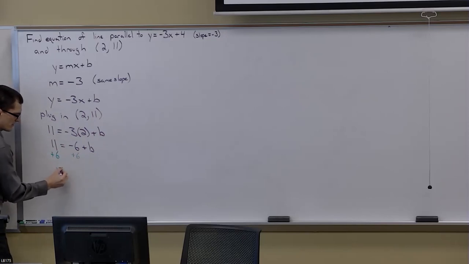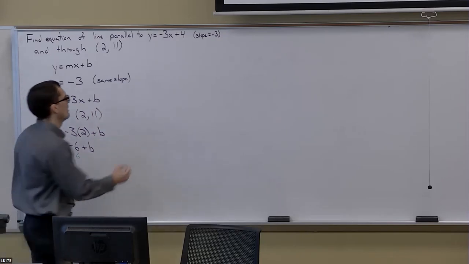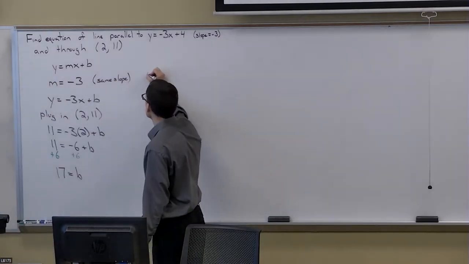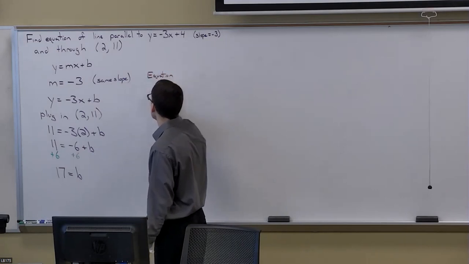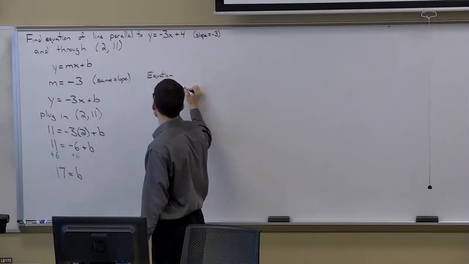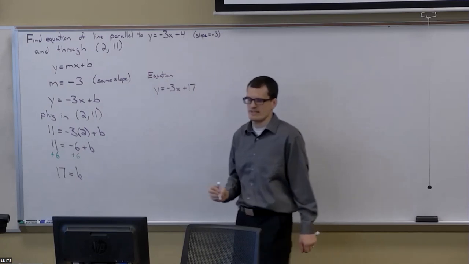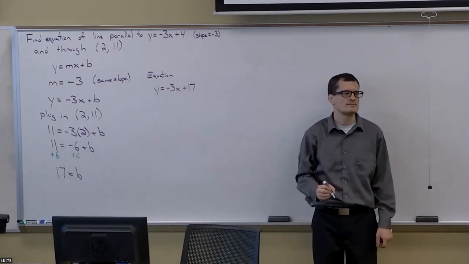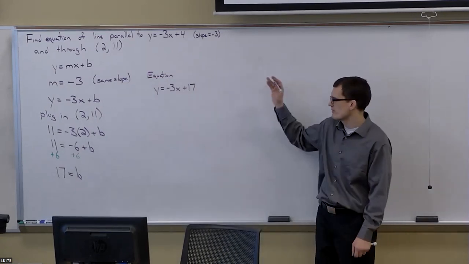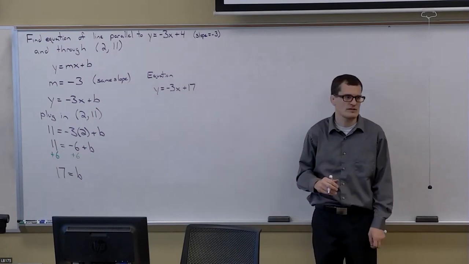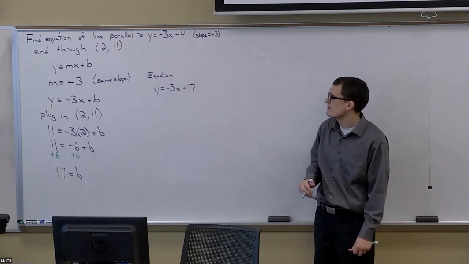Looks like I have a b value of 17. So the equation of the line that I'm looking for is going to be y equals 3x plus 17, as long as I did all the calculations correctly, which I think I did.